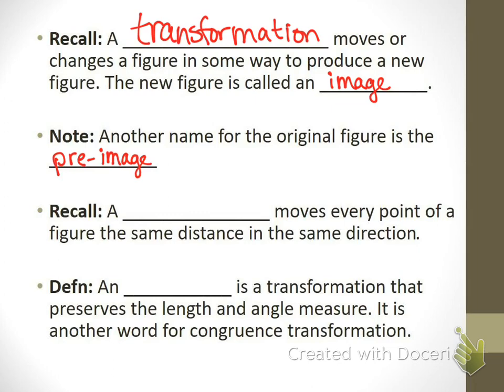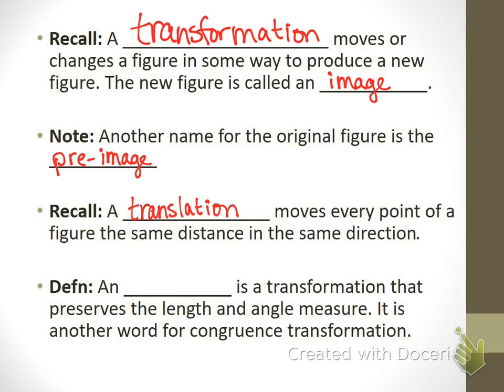So you would start off with a pre-image, and then after a transformation, you get an image. A translation moves every point of a figure the same distance in the same direction. A transformation is, in general, anything that moves a figure. A translation is where we're just sliding it over, up, down, across, sideways, whatever. You're just sliding it around.